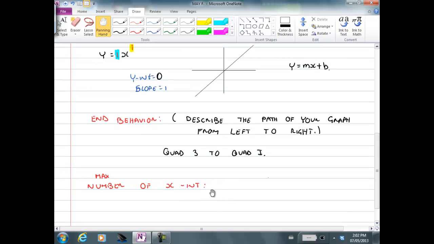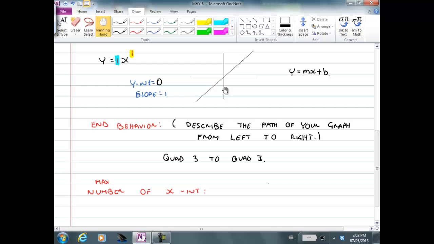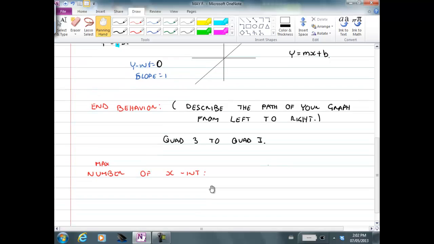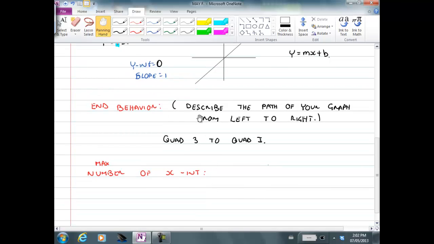Yep, max number. Just say I have y equals 3x. What's the max number of x-intercepts you can have? 1. Because I just want to keep it simple. I'm not talking about horizontal lines or anything. So I'm going to write down 1. So these are basic facts you learn.